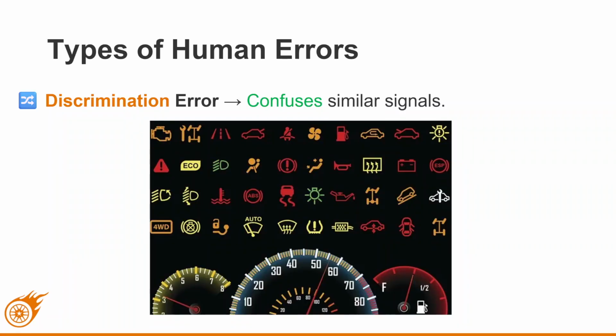So the takeaway here is use distinct shapes, colors, and or positions to reduce confusion. So you can see here that each of these different symbols are colored differently, shaped differently, and that's kind of the takeaway here.